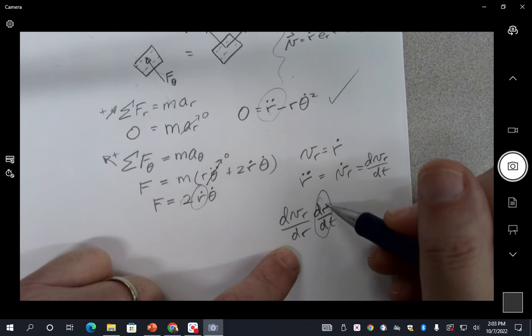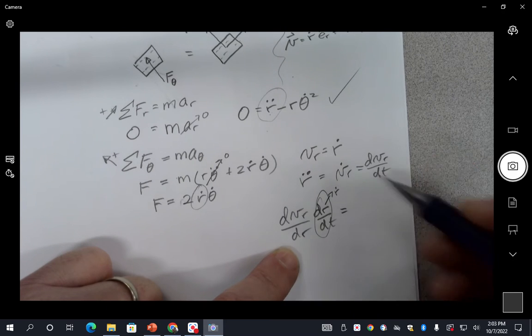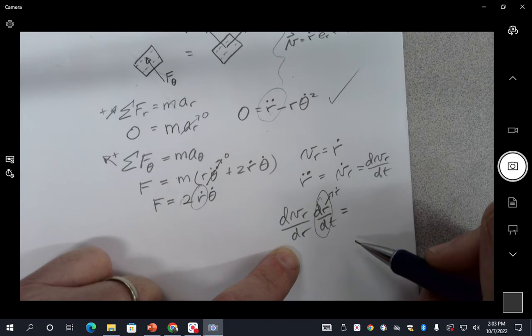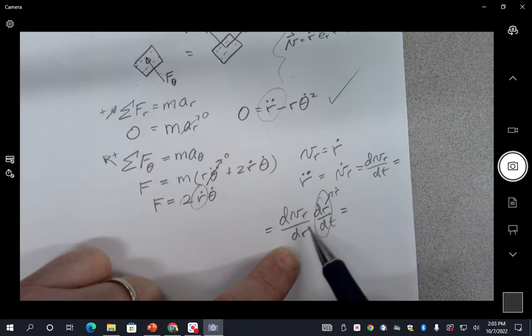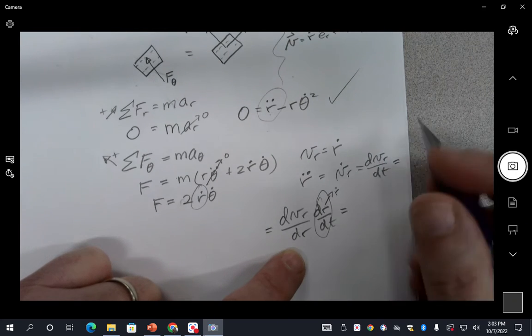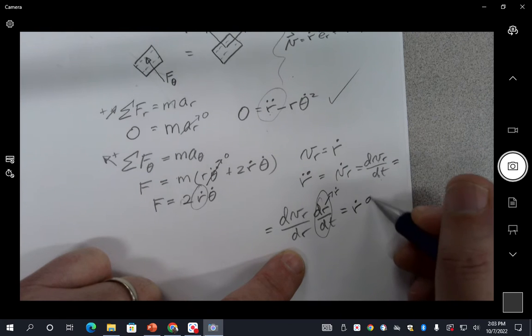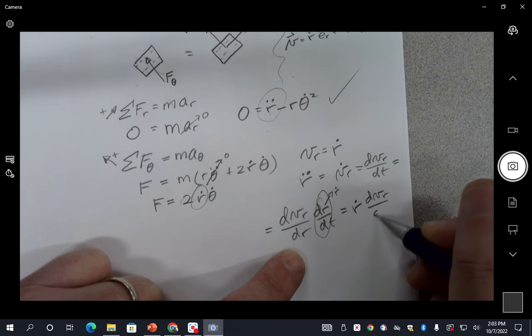We know that right there is actually r dot. So that's the thing up above, where we take this chain rule. A little joke: that chain rule. So now we have dVr/dr.